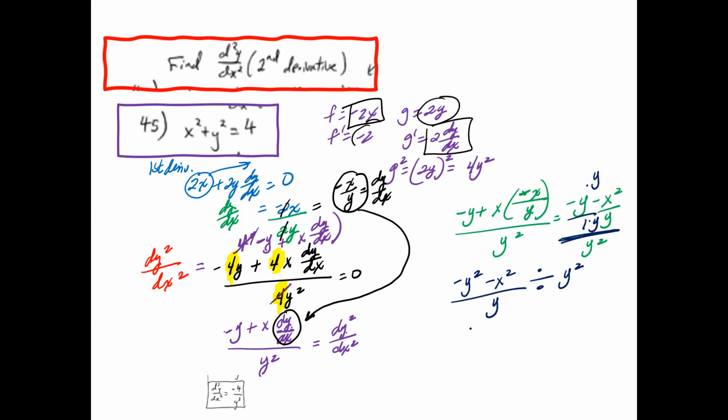I can rewrite this as times 1 over y squared. So then that will give me a negative y squared minus x squared over y to the third power, because it's multiplied, 1 plus 2 is 3.